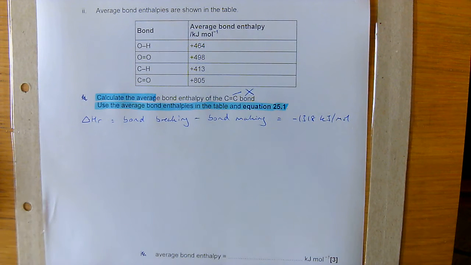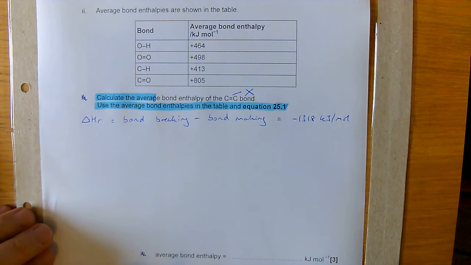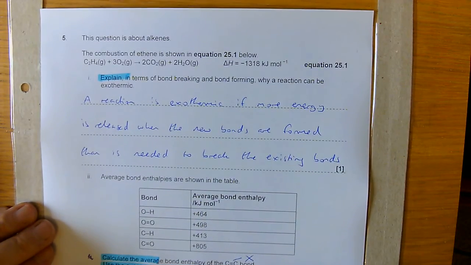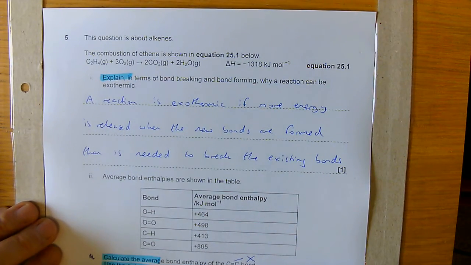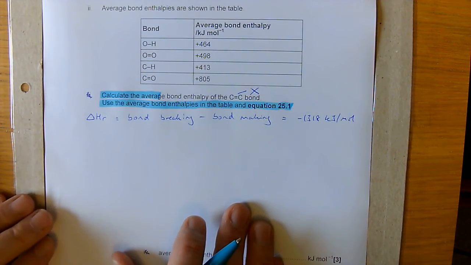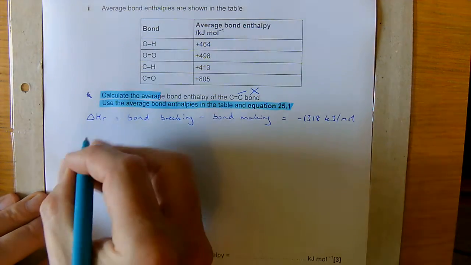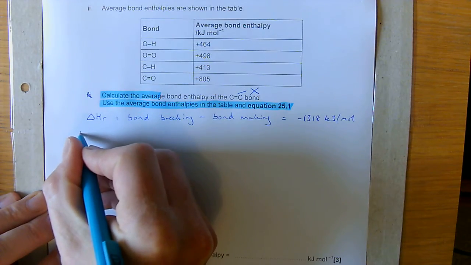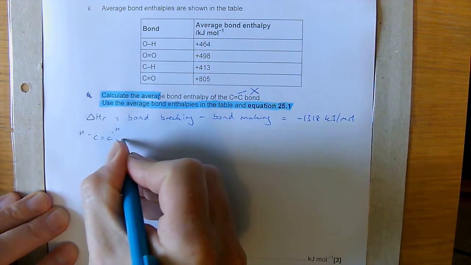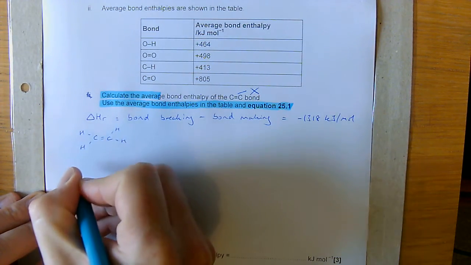Now, in order to make sure that we don't miss any bonds out, I always like to write my equation out using displayed formula to show me all the bonds. So if I just go back up here, it gives me the equation 25.1 in terms of molecular formula. So I'm going to rewrite that out using displayed formula. So ethene is 2 carbons, 4 hydrogens with a carbon-carbon double bond.